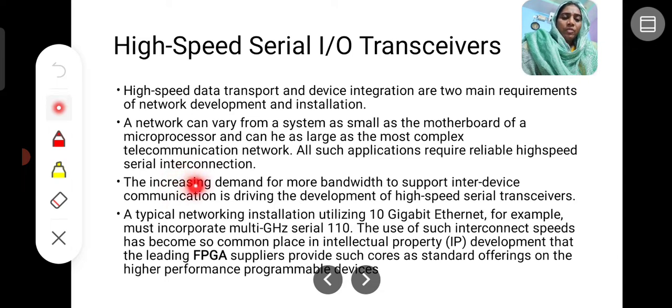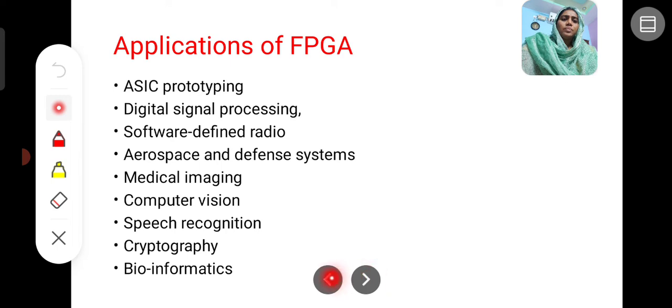So we use serial IO transceivers. The increased demand for more bandwidth to support inter-device communication is driving the development of high-speed serial transceivers. Nowadays FPGAs operate with a clock frequency of 500 megahertz, and if the clock frequency increases, the speed of the processor also increases. So this is about why we use serial IO transceivers in FPGAs.